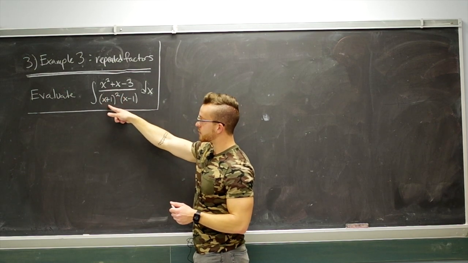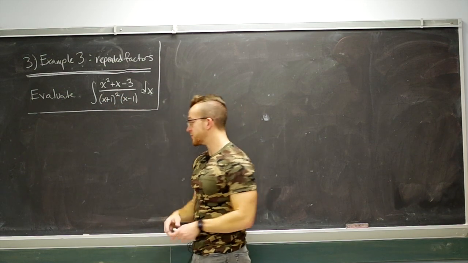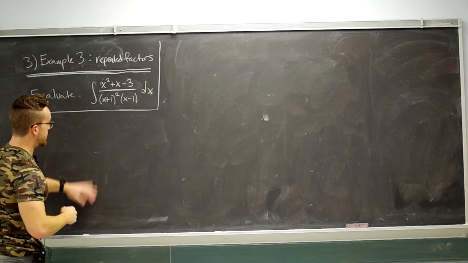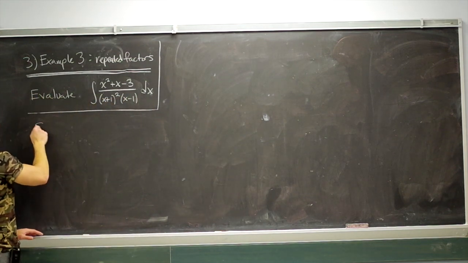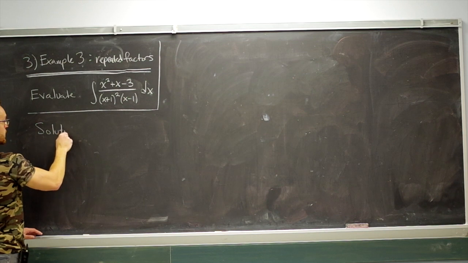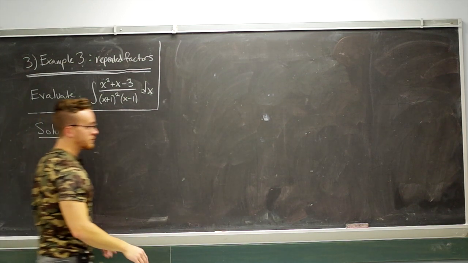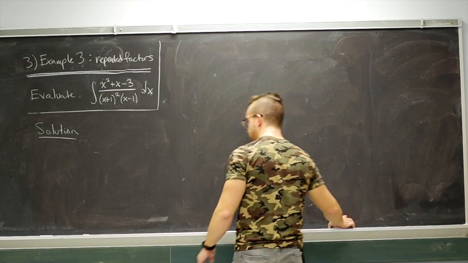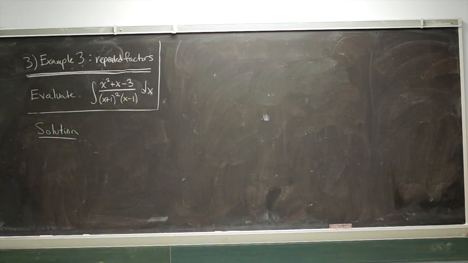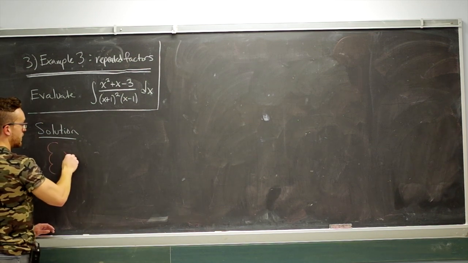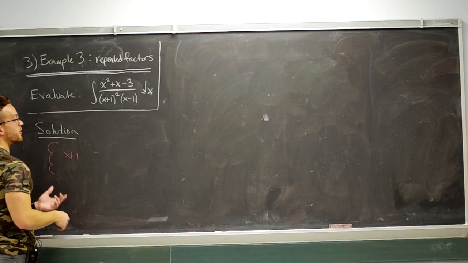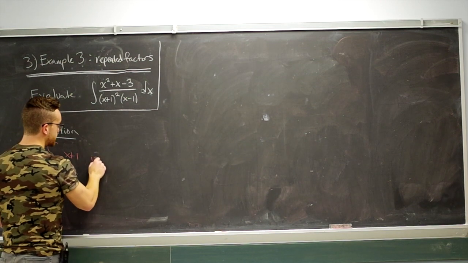This right here is exactly the repeated factor. So we have to deal with this a little carefully. Where's my red chalk? Over here. X plus 1 is what I would call in this case a repeated factor.